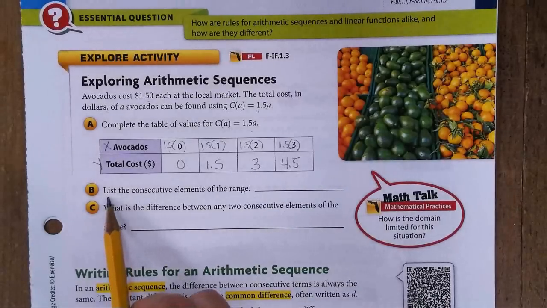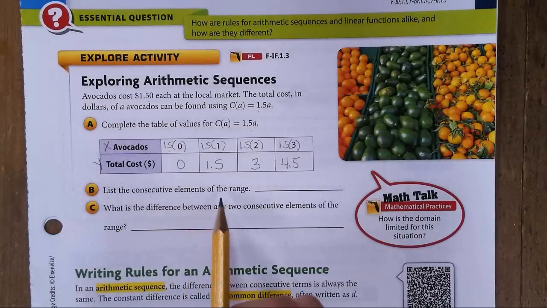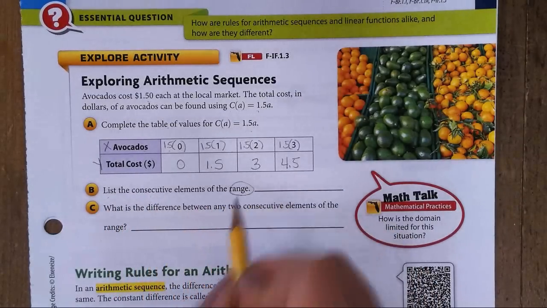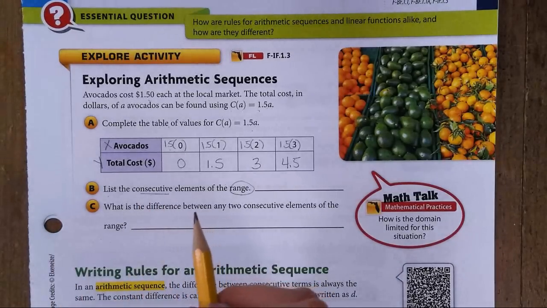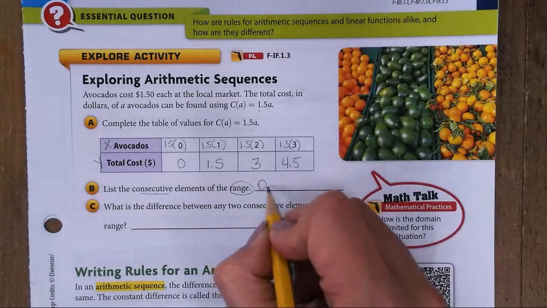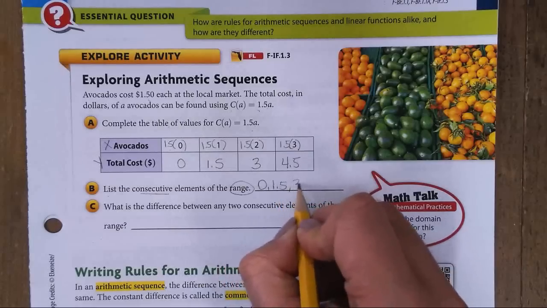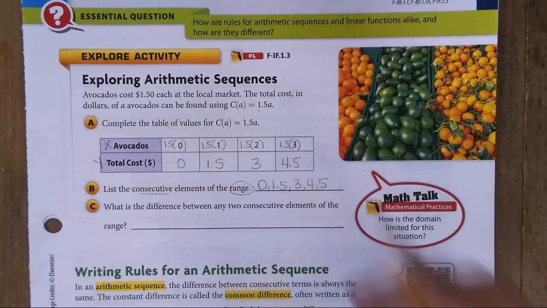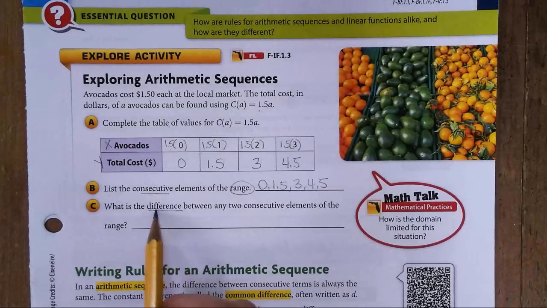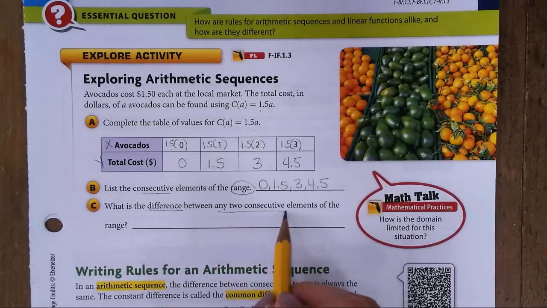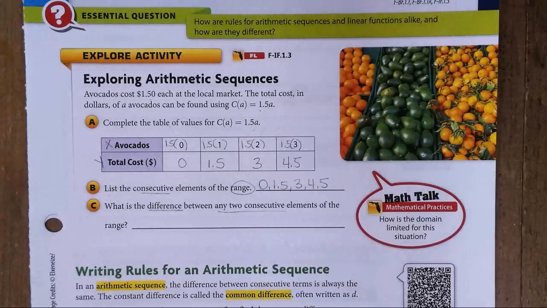Now it's asking us to list the consecutive elements of the range. Consecutive means one after the other. So we have 0, 1.5, 3, and 4.5. Now it's asking what is the difference between any two consecutive elements of the range.